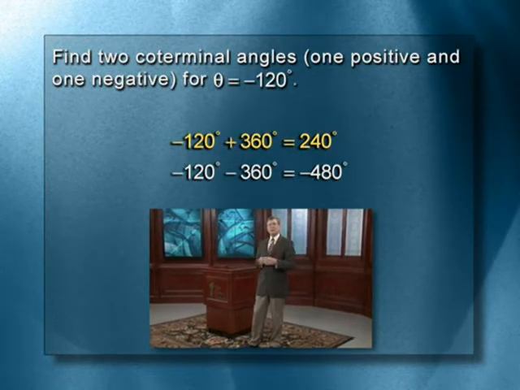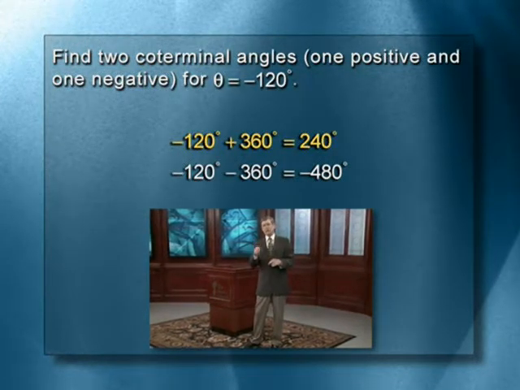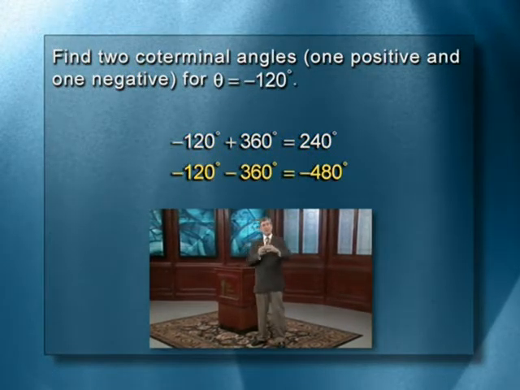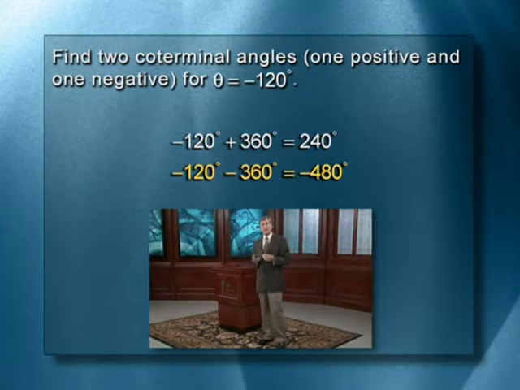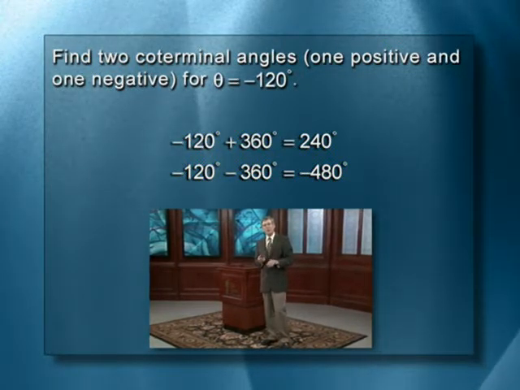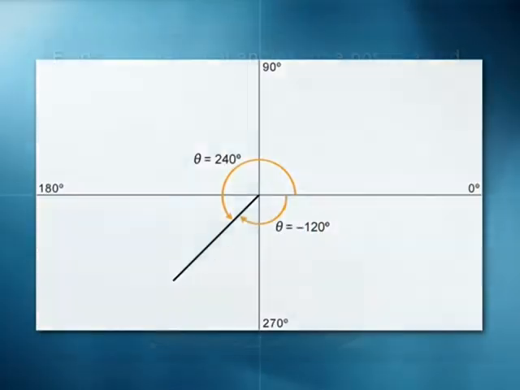If you add 360, one more trip around the circle, you get 240 degrees. And if you subtract 360, you get minus 480 degrees. Those are coterminal angles with minus 120 degrees. Here's a picture. I've drawn minus 120 degrees, and then I've also drawn the coterminal angle 240 degrees, which is a positive angle. Excellent.